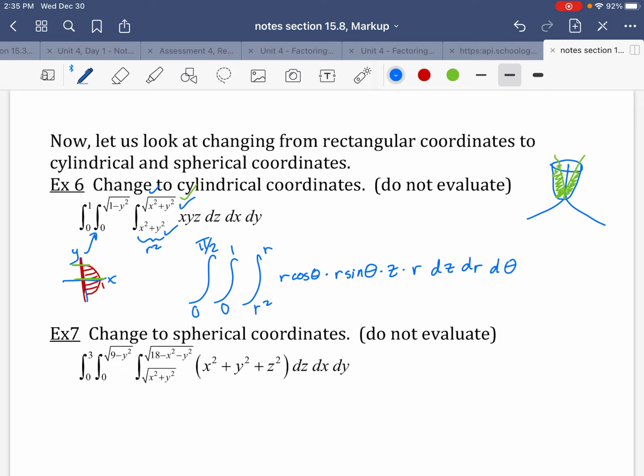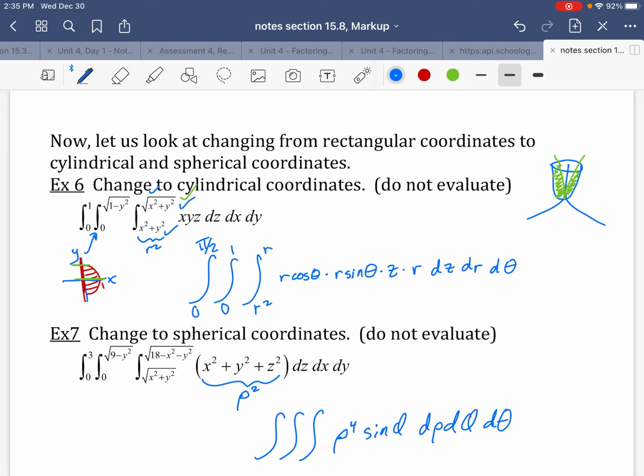Example 7 right here, we're going to change this to spherical coordinates. That's a little bit more current to what we're doing now. This is real nice right here. This is rho squared. And so when I do my problem, remember I have to add in my own rho squared sine phi. So I will have rho to the 4th sine phi, and then I have d rho, d phi, d theta.